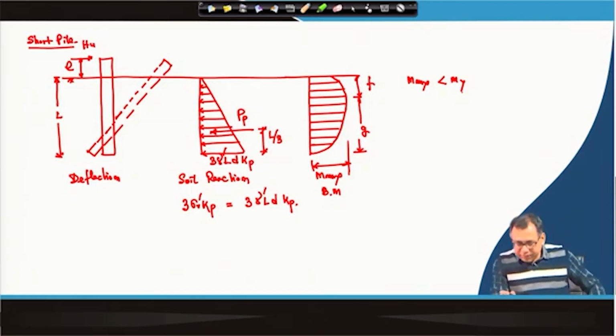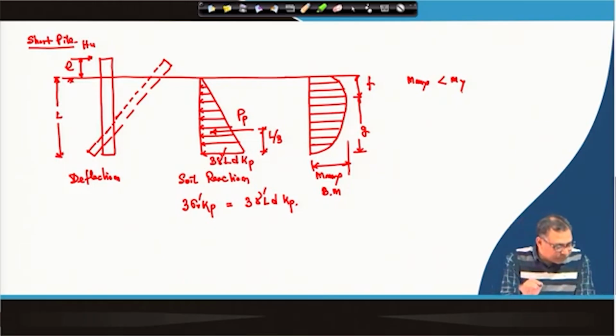So, now if I write the equations for this short pile, here we have the total passive soil reaction, and then this is the H u.